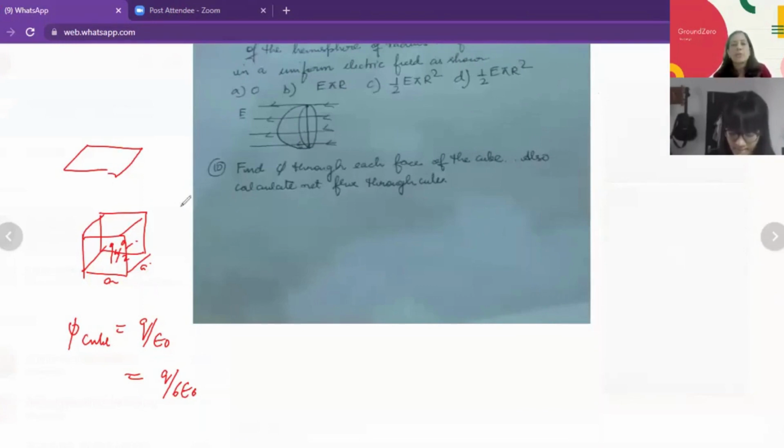You will observe that the flux will be going out only through 3 faces. All the rest of the faces are closed. So the flux through each face will be Q upon 8 into 3 epsilon. So the answer is Q upon 24 epsilon.